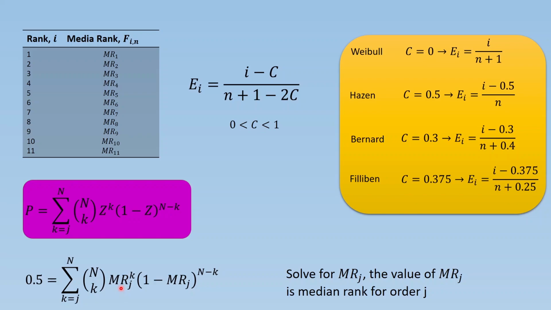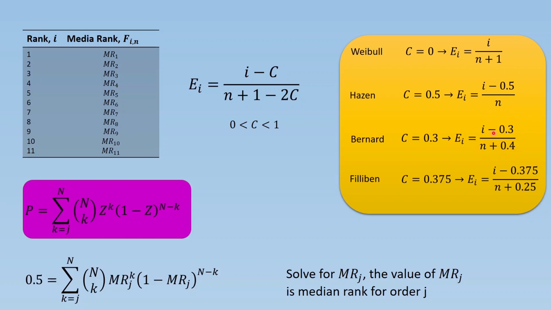So over time, many people came up with and proposed equations to calculate the median rank. Most of these equations follow this pattern: i minus c divided by n plus 1 minus 2c, where c is something between 0 and 1. For example, Weibull proposed i divided by n plus 1, Hazen i minus 0.5 divided by n, and this is what is used in MATLAB.